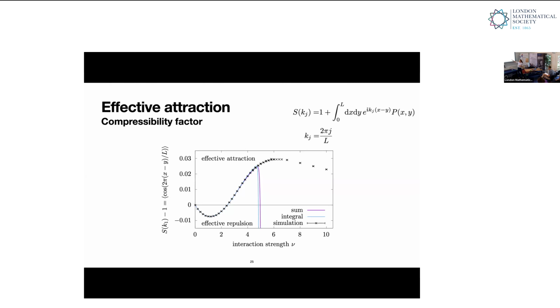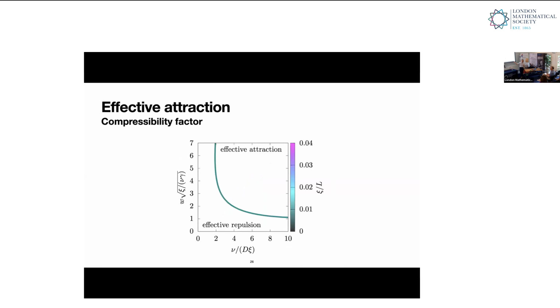And of course, now that we've got this, we can find this crossing point for a set of parameters, and that's how we draw this phase diagram. So in different places of the parameter space, we can say the system is in the effective repulsion regime or in the effective attraction regime.